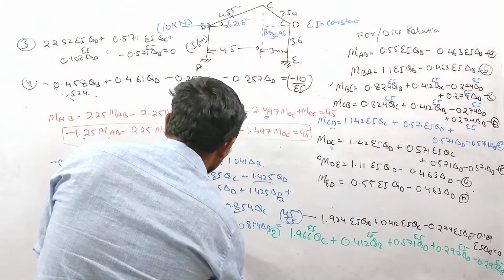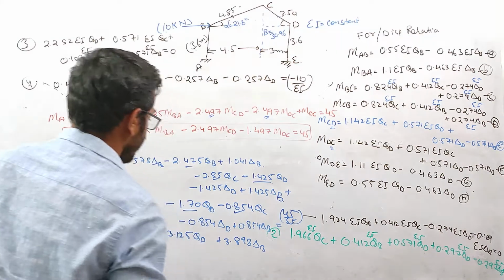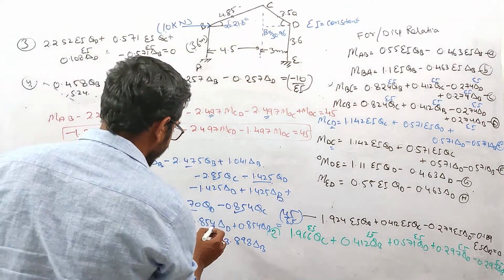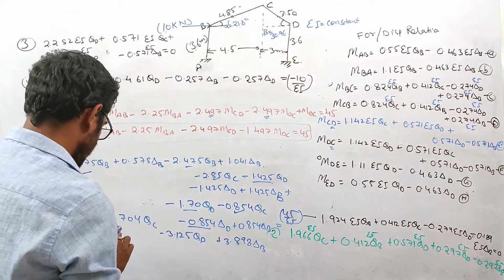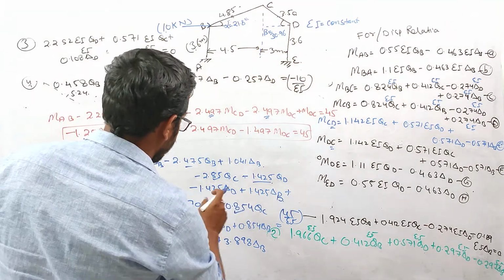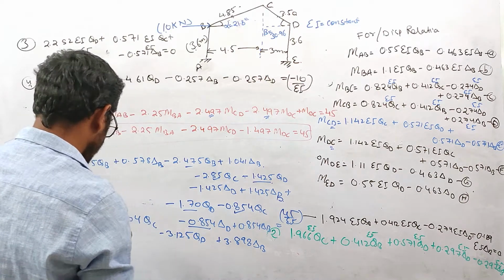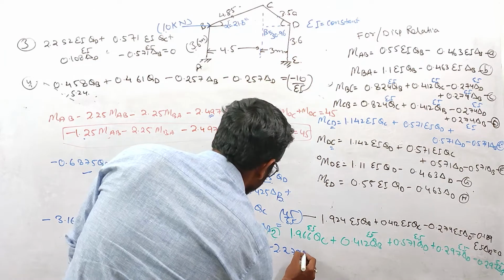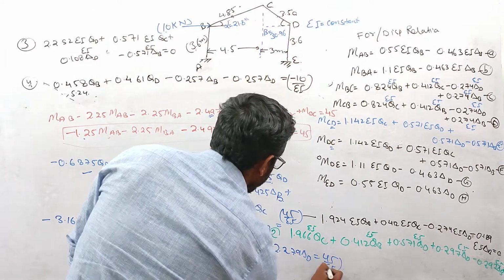So this value comes out to be 3.898 delta B, right? And the coefficient of delta D is minus 8.54 minus 0.854 and here minus 1.425. So this value is minus 2.279 delta D equals 45 over EI, right?